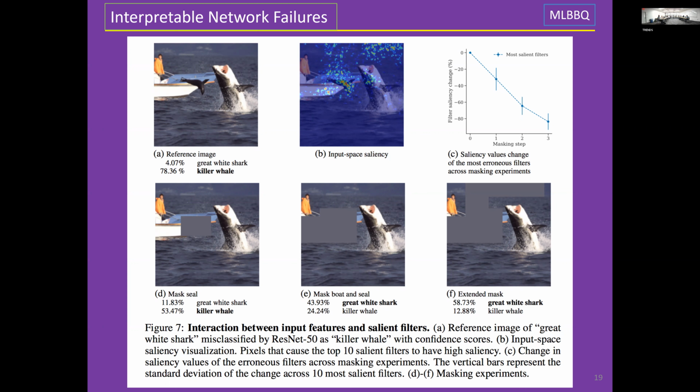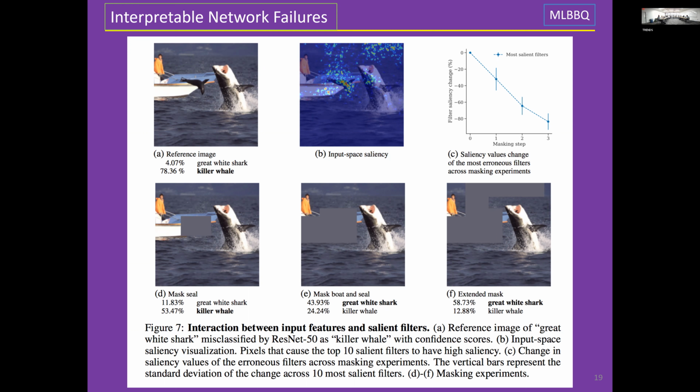And based on the cosine distance, they calculated those pixels which are driving those 10 malfunctioning filters. As we can see, those malfunctioning parameters are related to the boat and the sail.